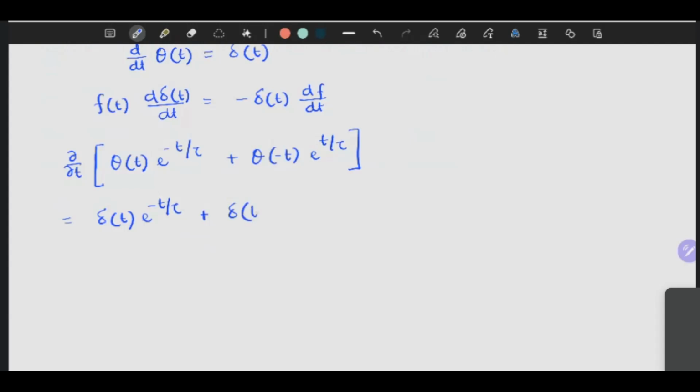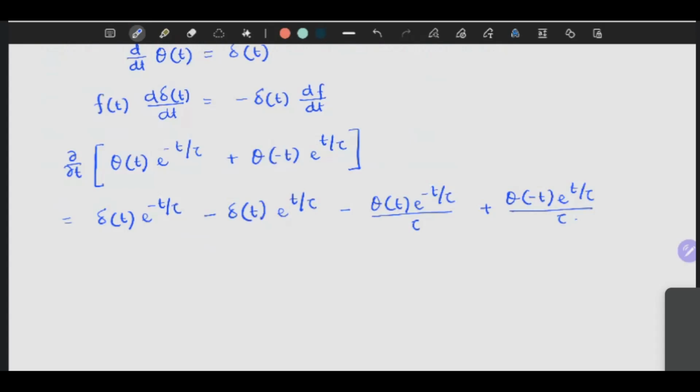The delta function is an even function delta t, but there is a minus, so minus e to the power t by tau, plus minus theta t e to the power minus t by tau into tau plus theta of minus t e to the power t by tau by tau. So these two things come from here.